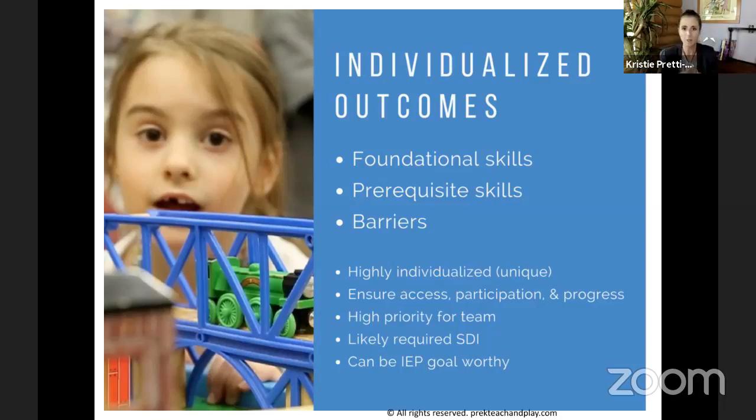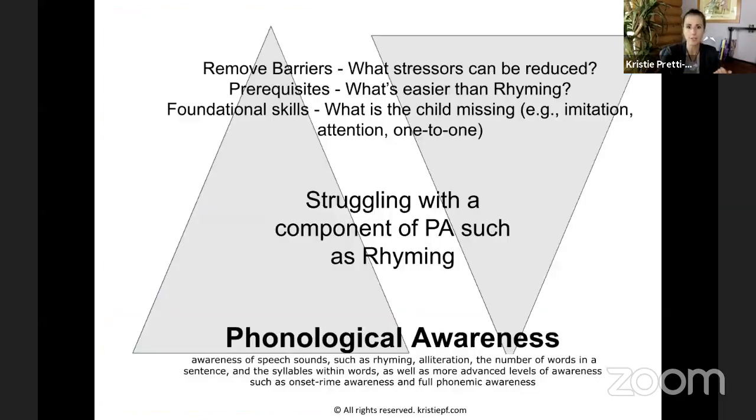So just focus on the first 4. Highly individualized, customized, personalized, but that highly personalized, specially designed instruction is embedded so that you can access, participate, and make progress in daily activities, the general curriculum with diverse peers. It's a priority for everyone on the team, and it likely requires specially designed instruction.